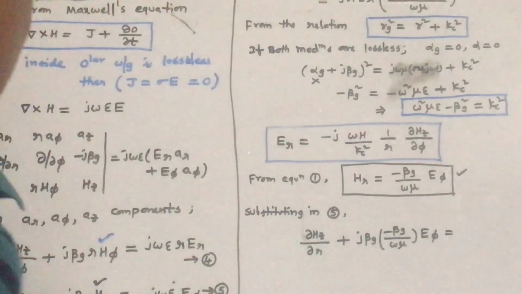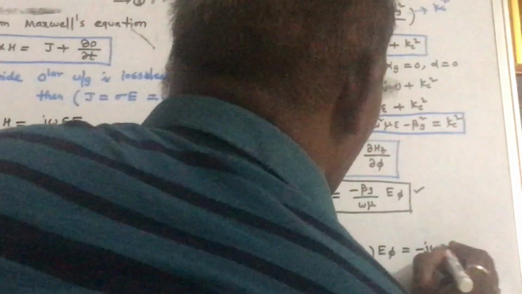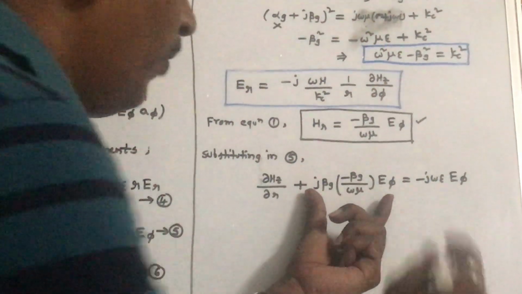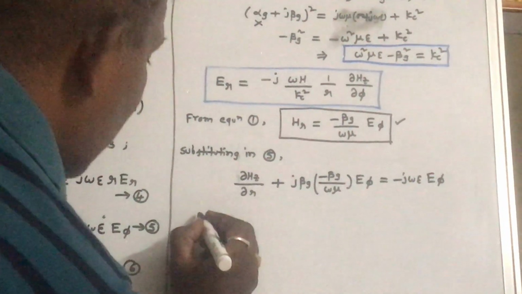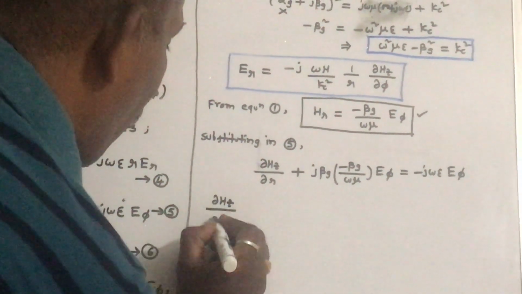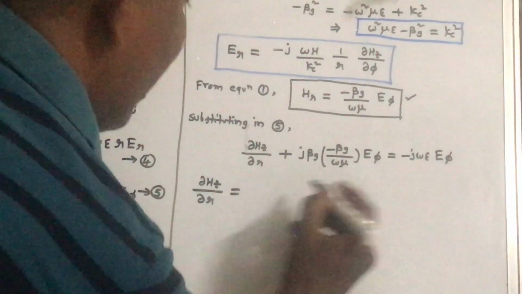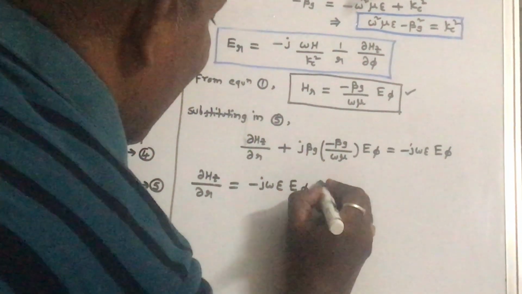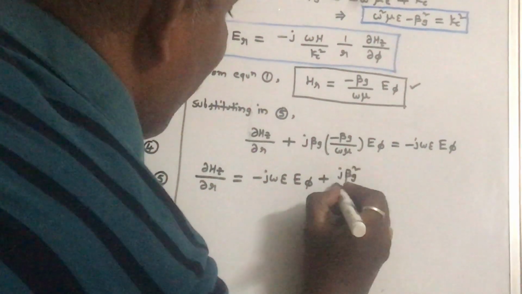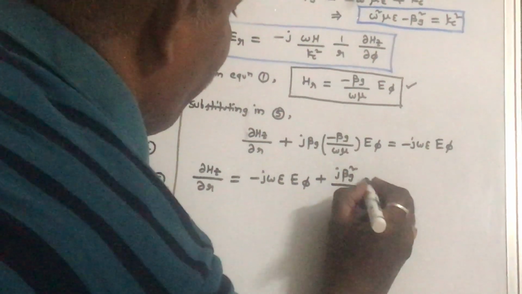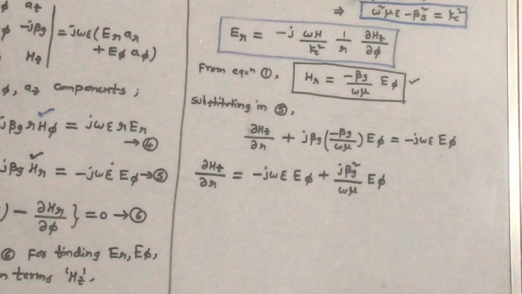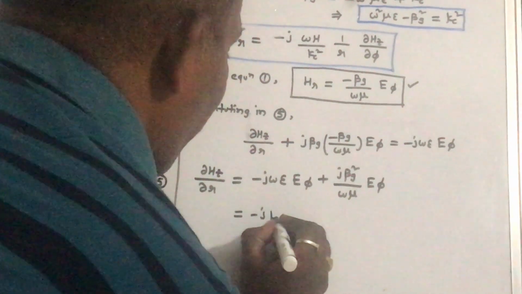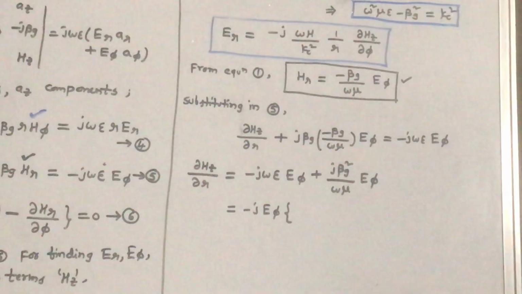So what is the right side of equation 5? Minus j omega epsilon into E phi. So bring this term to the right side. So therefore this is written as dou Hz by dou R, take this term to the right side, minus j omega epsilon E phi plus j beta g square by omega mu into E phi. From this take minus j E phi as common.